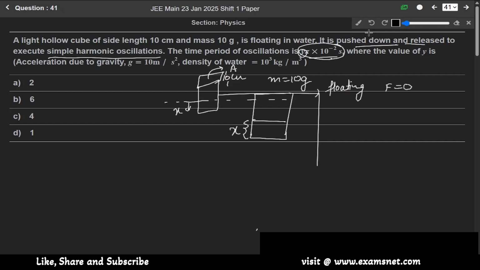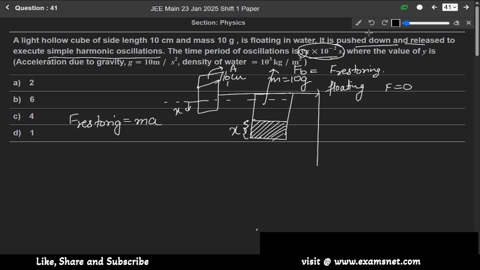Since it is pushed in the downward direction, the force acting in the upward direction is the buoyancy force, and it will be equal to the restoring force. This restoring force will be equal to mass into acceleration, and it is nothing but the buoyancy force due to which the cube is moving x distance in the downward direction.